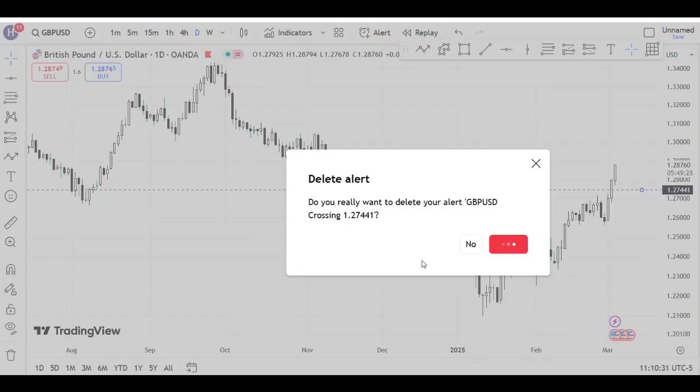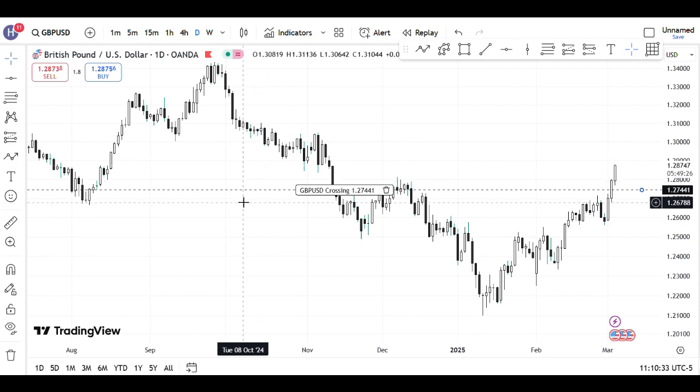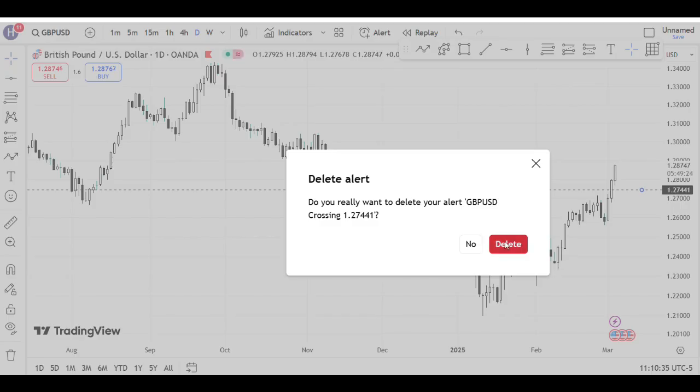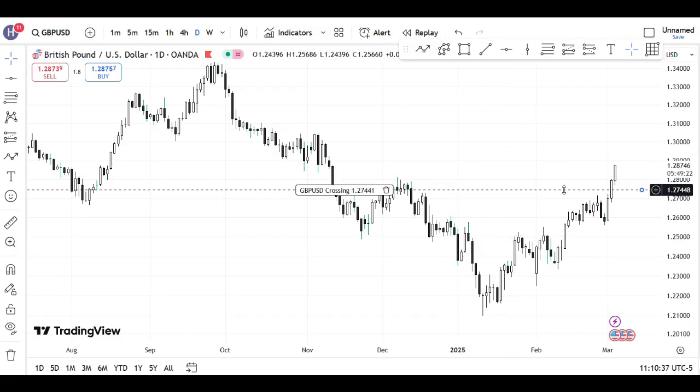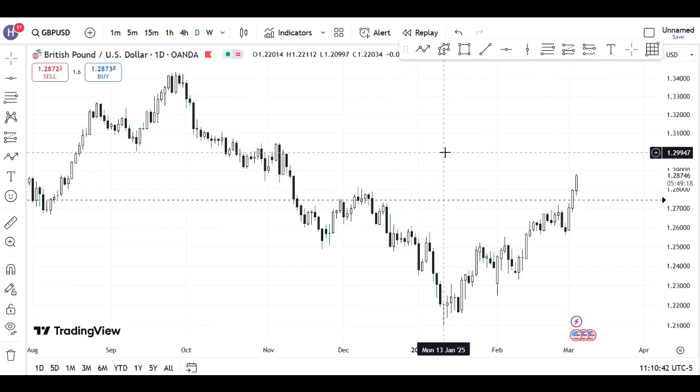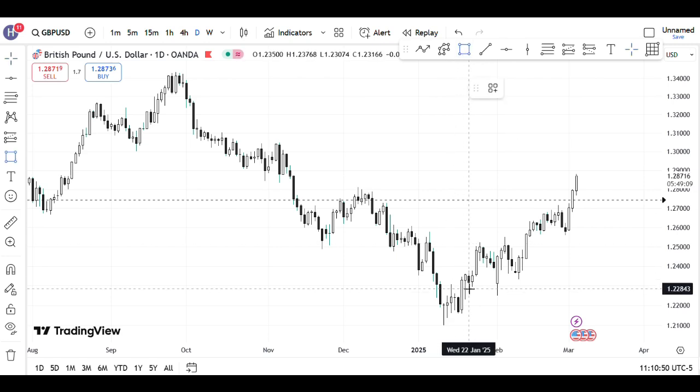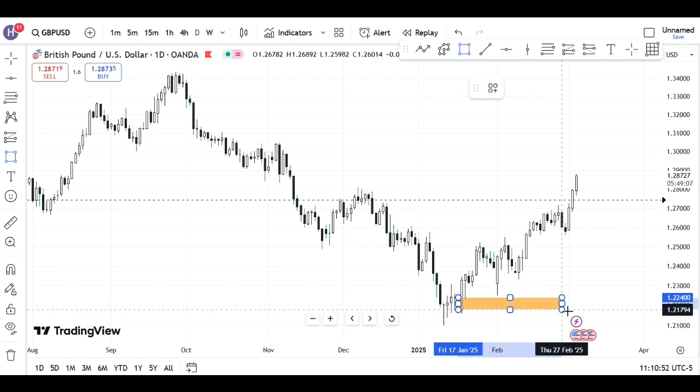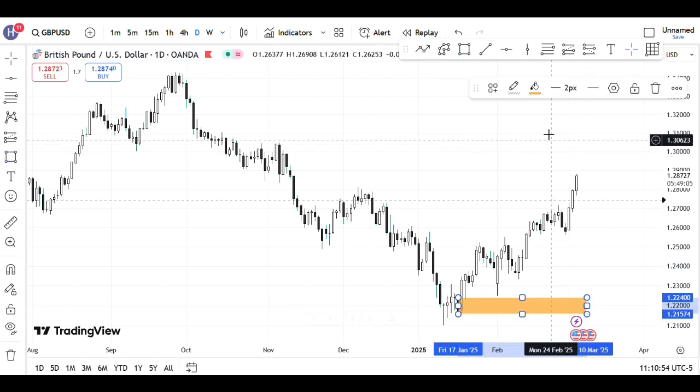Now I will come to the chart. I will just show you some basic elements in the charts, so that you get to know what I am going to teach you in the next videos and in these videos also. In the chart we can see this called an order block.